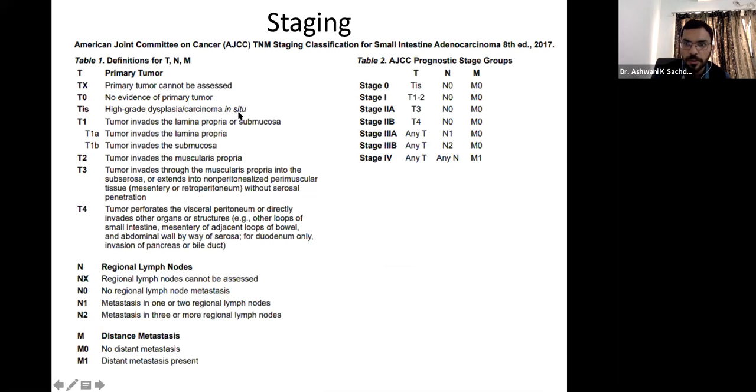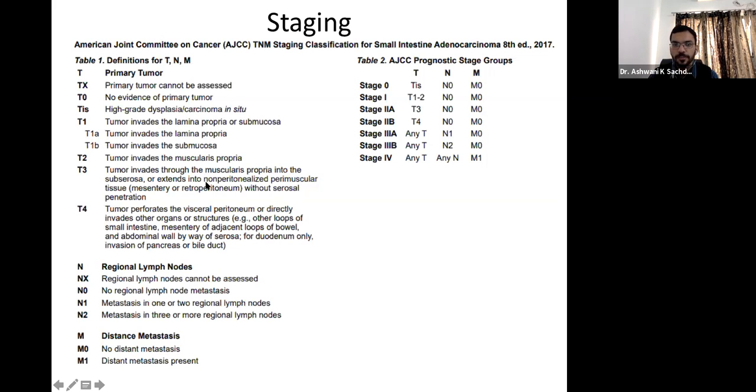So coming to the staging, T1a tumors invade the lamina propria, and T1b invades the submucosa. This is in contrast to colorectal cancer, in which a tumor invading into the lamina propria is still considered carcinoma in situ, but it becomes T1a in small intestinal cancer.